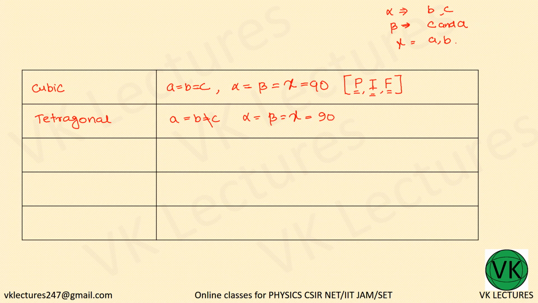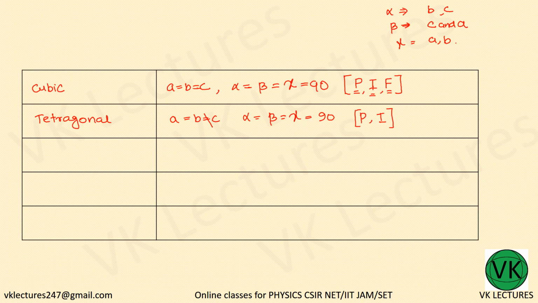Now here also we have P, which is primitive or simple cubic, and I, which is body centered, but we don't have F. Okay, so that's it.